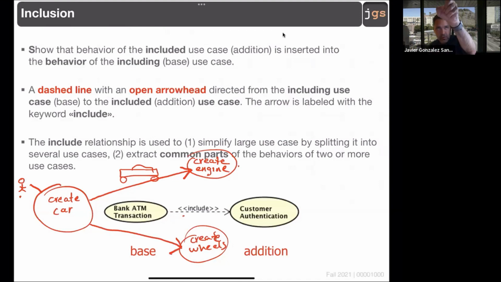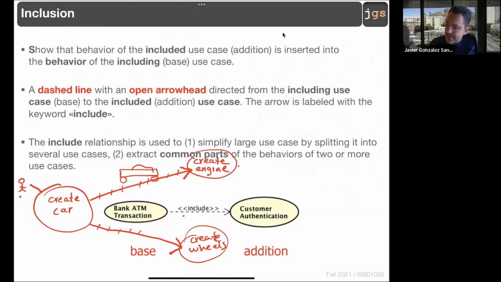Car is going to point to wheels. So the wheels are inside of me. The engine is inside of me, and so on. Think about this include like inside of. I have it. They are part of me. I exist because I have those things there. And the relationship is going to be a dash line.